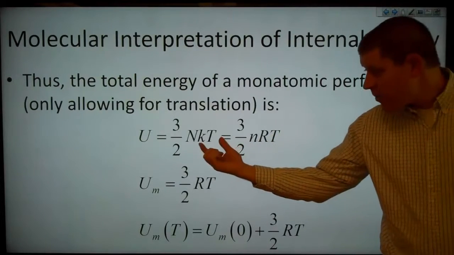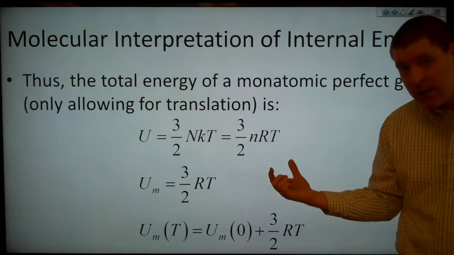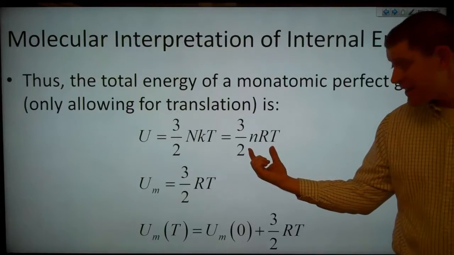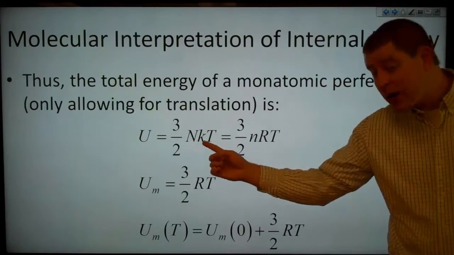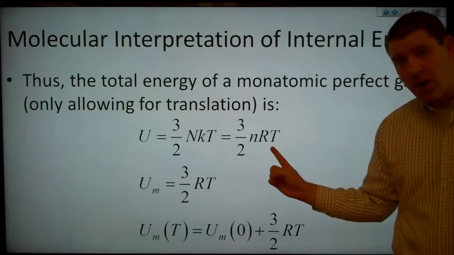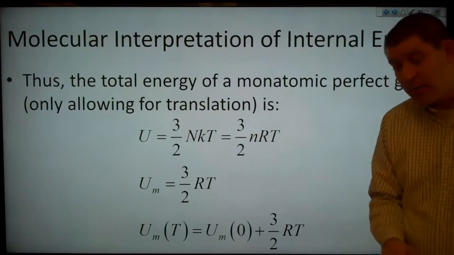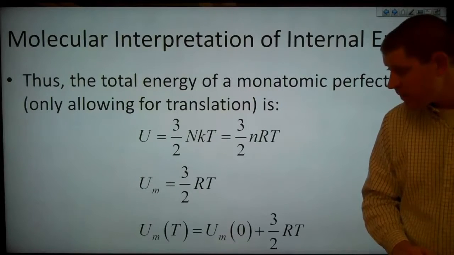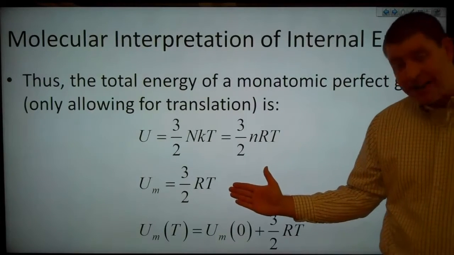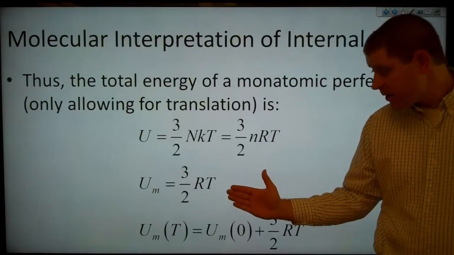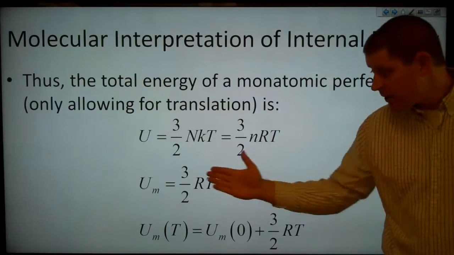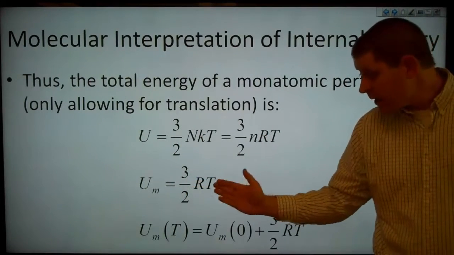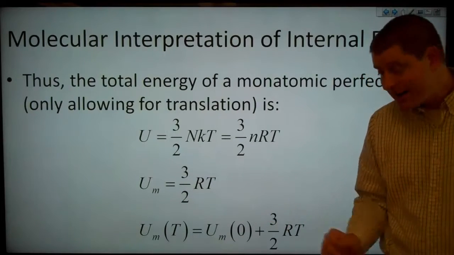And then we can wrap up N and k to give us n, lowercase n, and R. So now instead of number of molecules, we have number of moles, and R, the gas constant, instead of the Boltzmann constant. And then if we want to look at the molar internal energy, well then we simply divide U by n, which gives us the molar internal energy is equal to 3/2 RT.